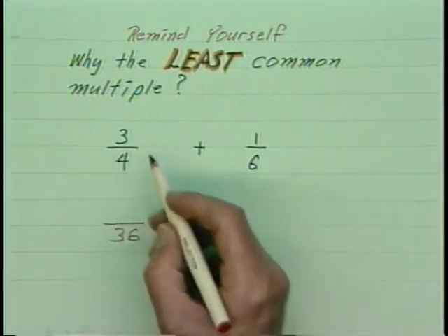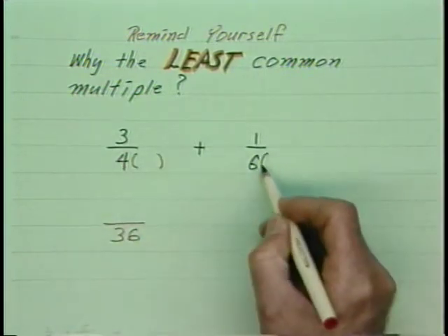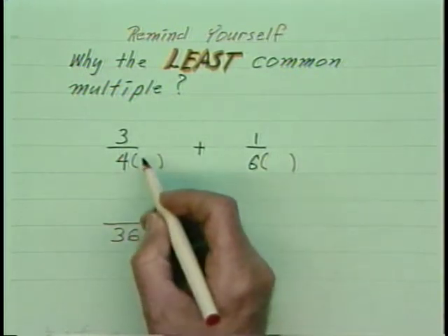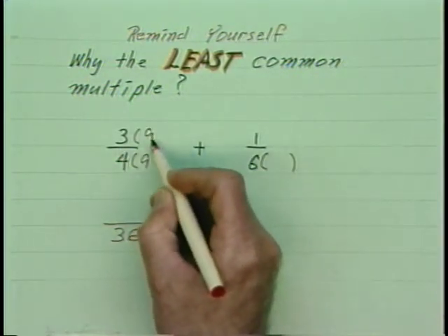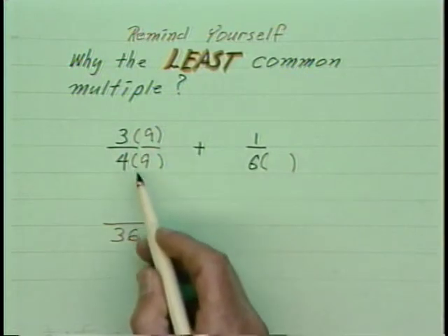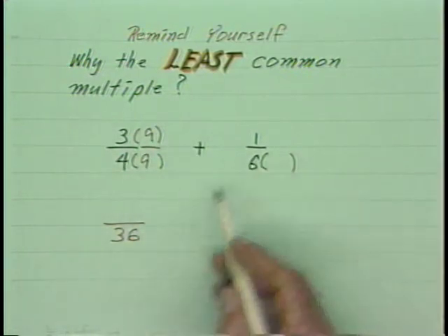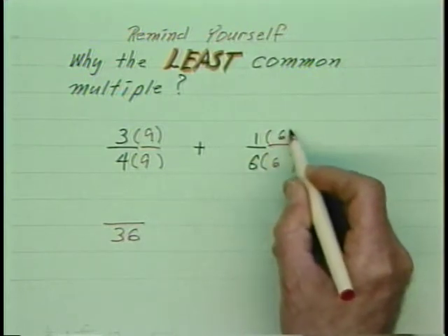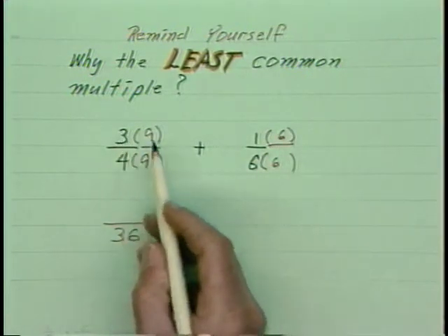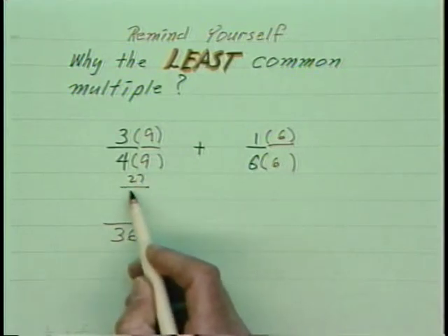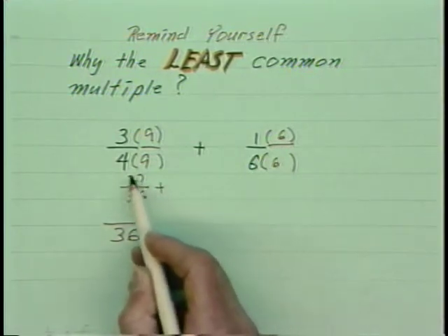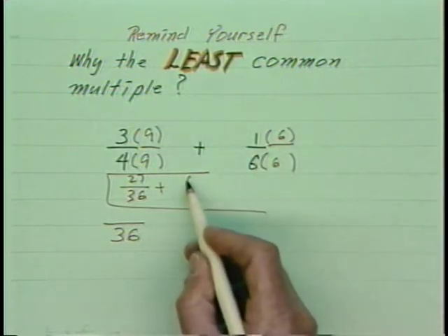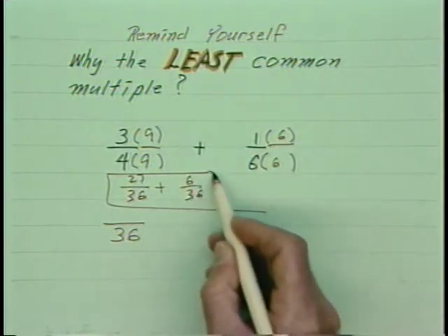And we could build each of these to be, in this case, 36. 4 goes into 36 9 times. And of course, I have to build top and bottom by the same factor. 6 goes into 36 6 times, so I build top and bottom by 6. So this gives me 27/36, and this gives me 6/36.